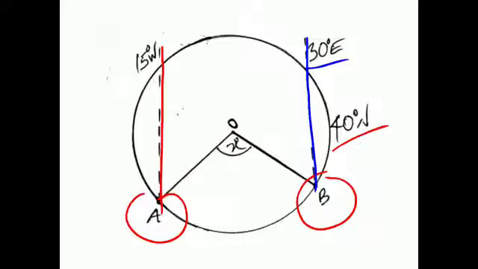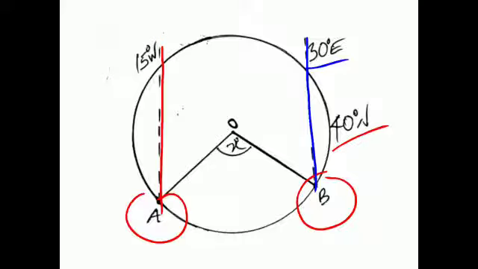Therefore, the angular difference will come from longitudes, meaning that to find the angular difference, we'll have to add the longitudes. Why am I adding?